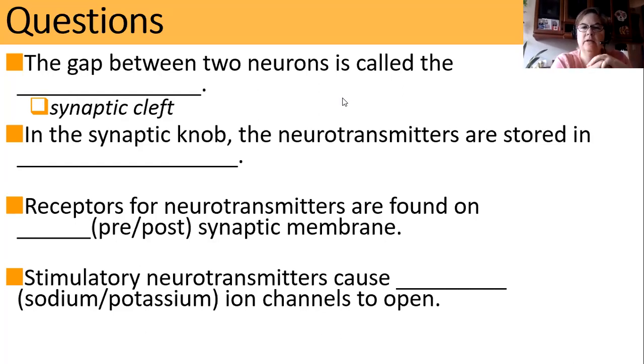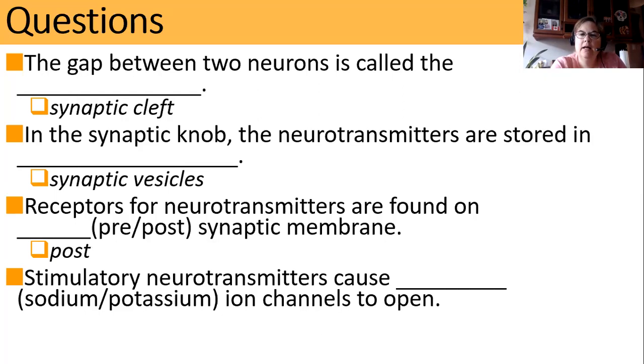So what structure are they stored in within the synaptic knob? Vesicles. Good. Our neurotransmitters are in the synaptic vesicles. Excellent. Okay. Receptors for neurotransmitters are found on the pre or post synaptic membrane. Which one? Post. Good.